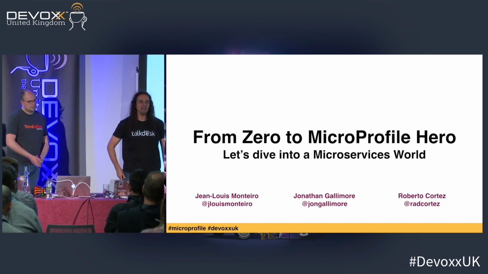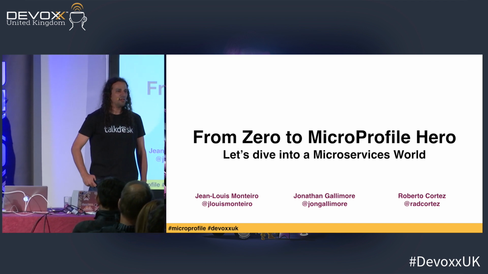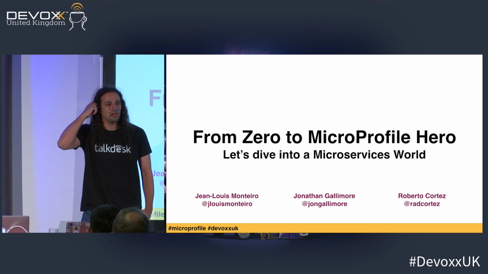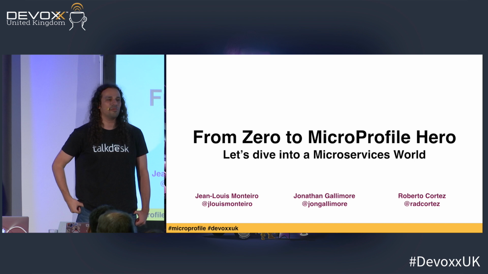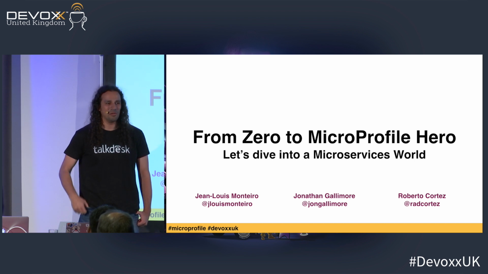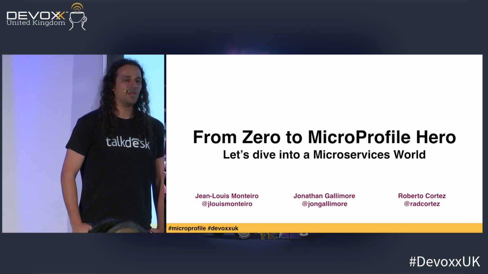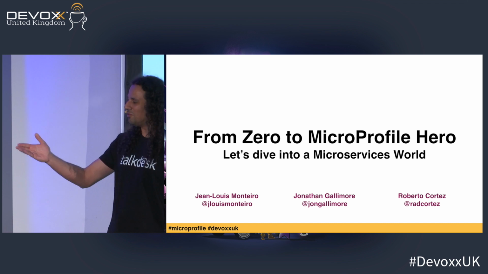Now at TalkDesk, we are a cloud provider that provides cloud infrastructure to run contact centers. So we're developing a lot of our stuff using microservices and now even Microprofile, that we're going to show here today. With us, we have our other colleagues, John and Jean-Louis.